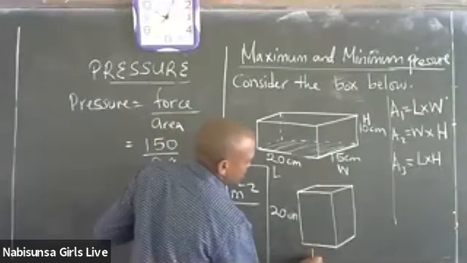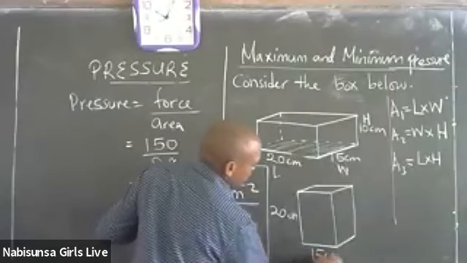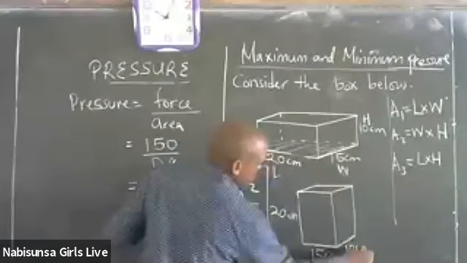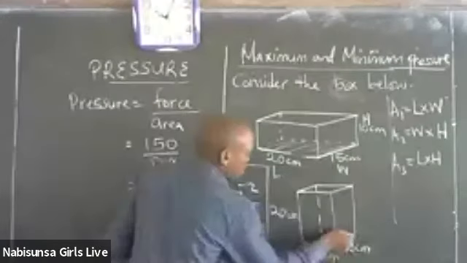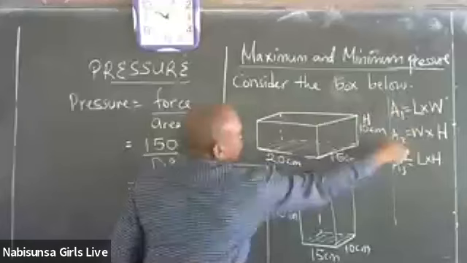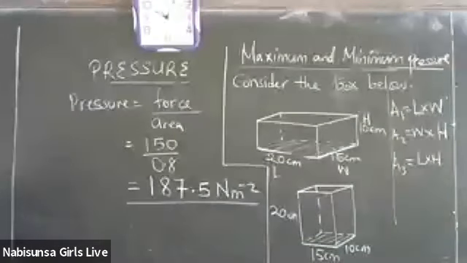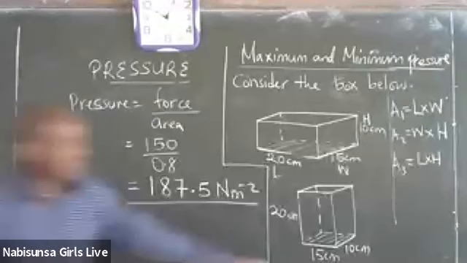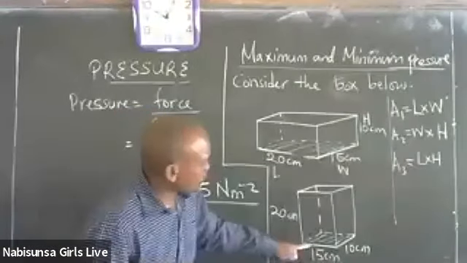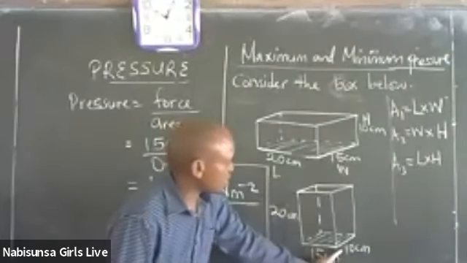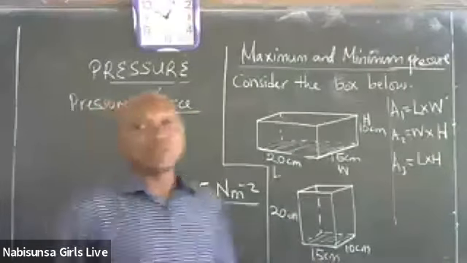This was 15. So for this case, which area is resting? Is it area 1, 2, or 3? Area 2. This is width and this was the height.